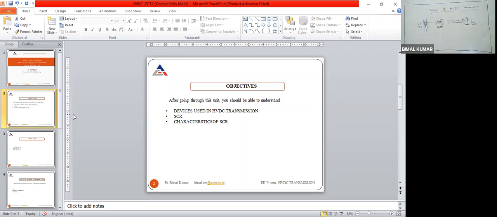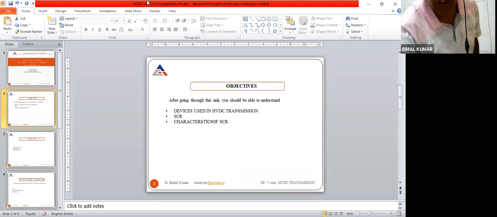Because we will generally use SCR in converter station 1 and converter station 2, we will study what is SCR, what is its construction, and then the characteristics of the SCR and general terms related with the SCR, right?